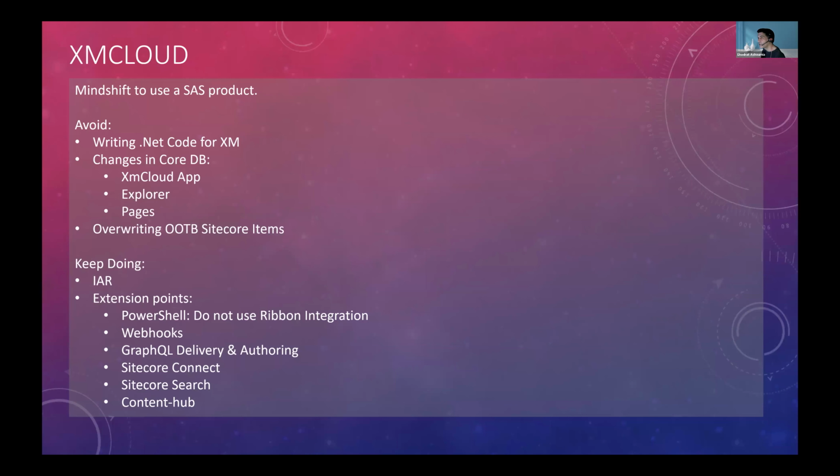There is one small exception in here, and that is about the configuration. You still need to do some configuration, the app config configuration, for example, when you want to configure the language fallback, or you need to configure the CORS if you are integrating Content Hub, but it is limited to that.